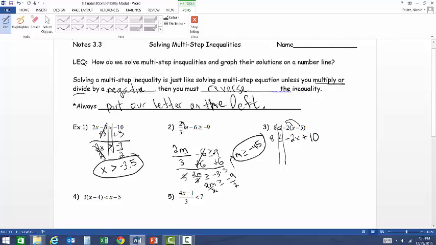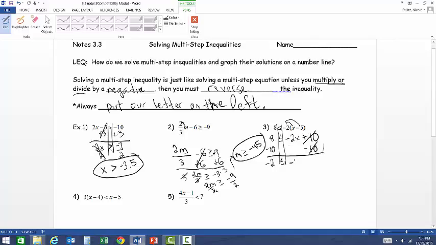Now I don't want to do anything with this 8 because that's all I have over here. If I undo it, I won't have anything left to work with. So what I can do is undo this 10 by subtracting it. 8 minus 10 is negative 2.